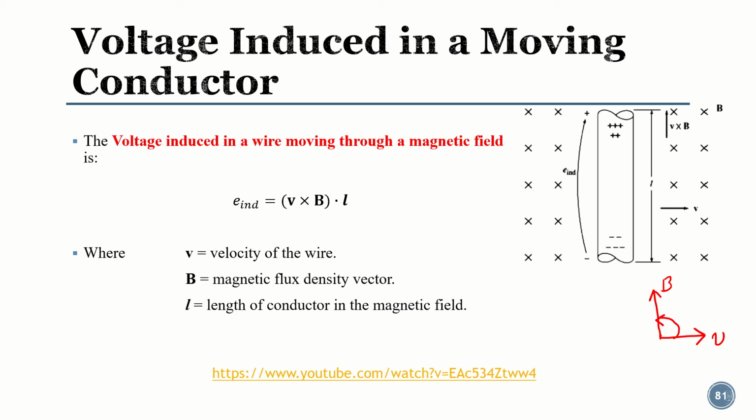The cross product gives the normal direction, which will be upward, your thumb basically. So your thumb will be upward, and the positive will be here and the negative will be here. I will also explain this case in more detail in the live session. Positive here and negative here, so that will be the direction of the induced voltage.